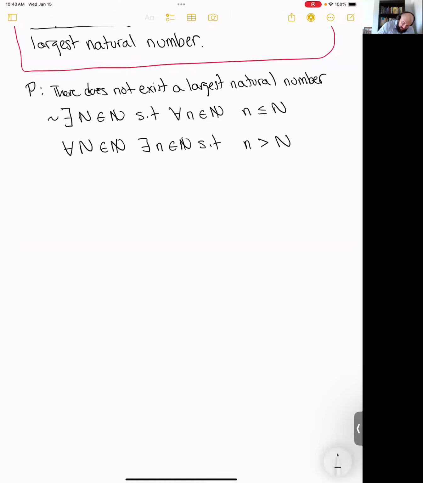But the proof technique is going to be assume not P. If I just take the original formulation in logic, well, let me write it in words first. So there does exist a largest natural number.